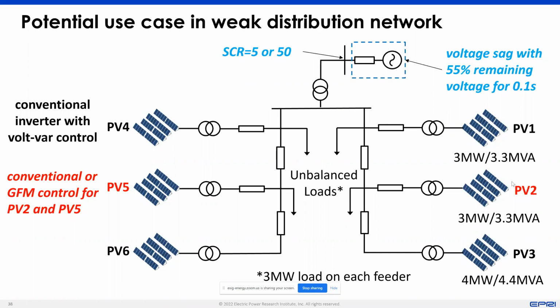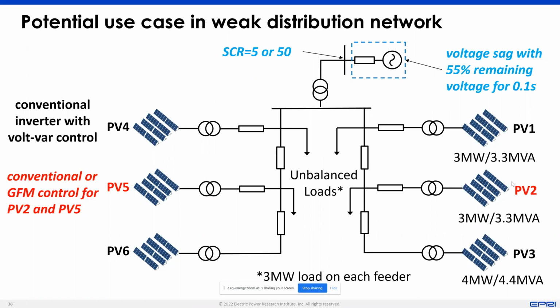What we also tested is different short circuit ratios at this distribution substation. In today's standard, commonly what we see at the distribution substation in terms of short circuit ratio is on the scale of 50 or above. So it's strong.